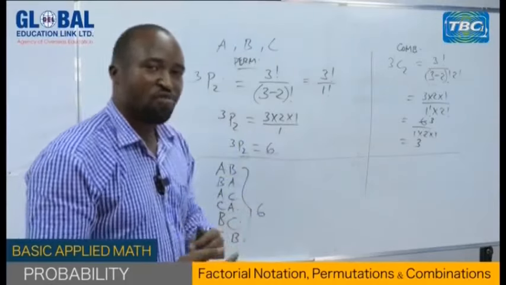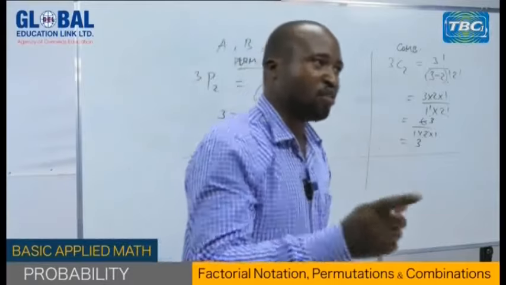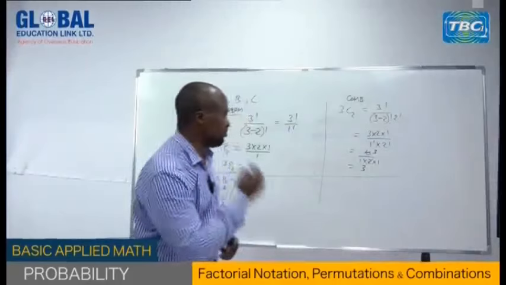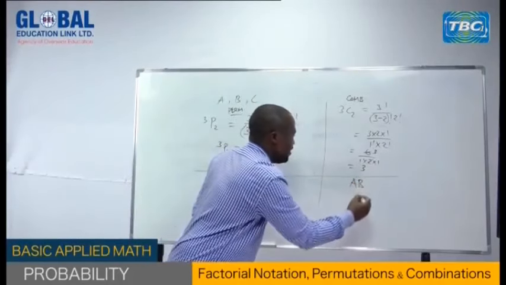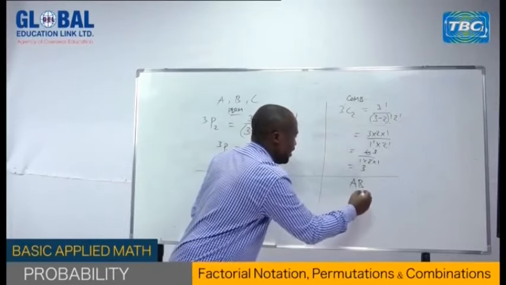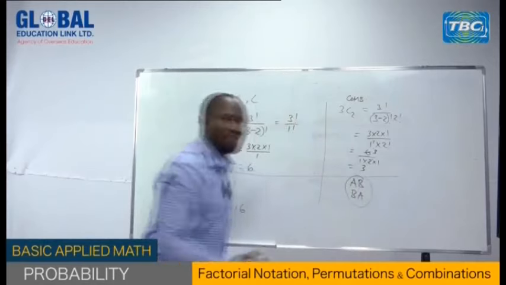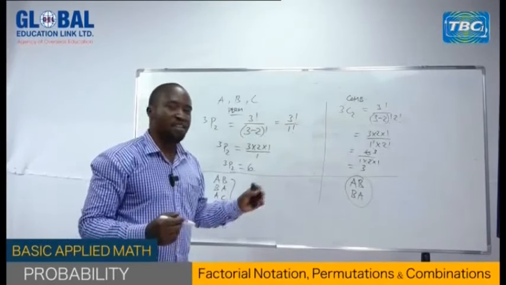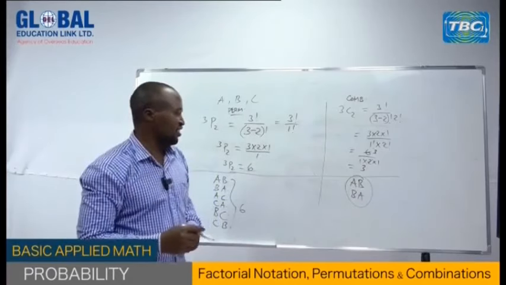But for the case of combination, remember, order is not important. So, A, B is the same as B, A. You can group like this. That is AB is the same as BA. Why? Because the order is not important.